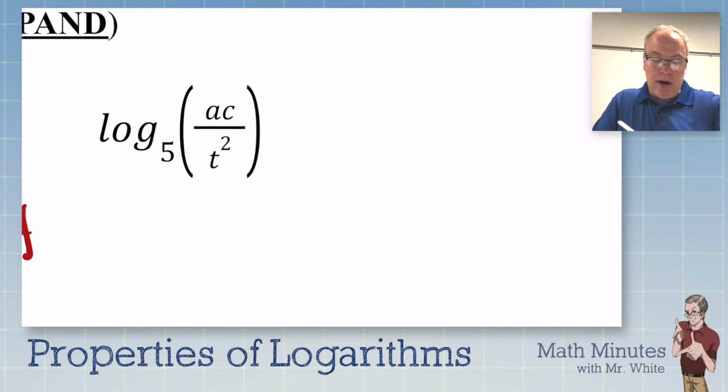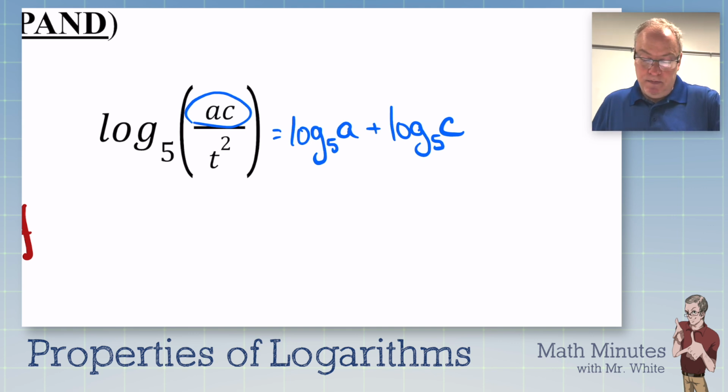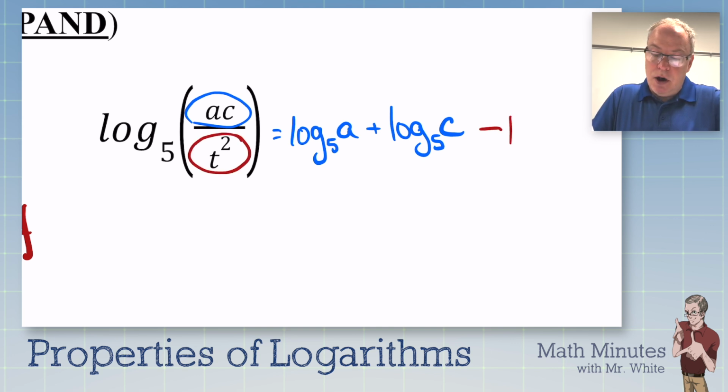So let's just start with the 2 guys on the top, A and C. So that would be log base 5 of A plus log base 5 of C, again a product you split into 2 logs with a plus sign in the middle. And then we have subtract because this is in the denominator. That's log base 5 of t squared.